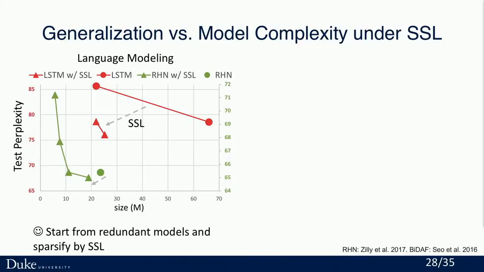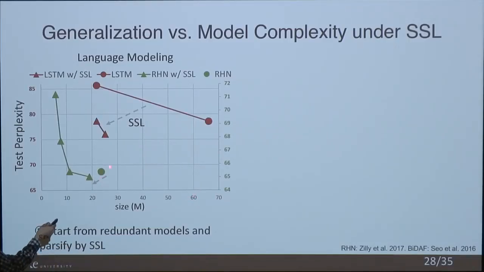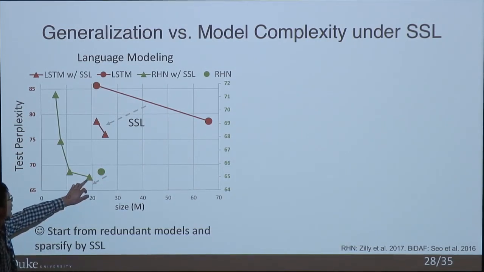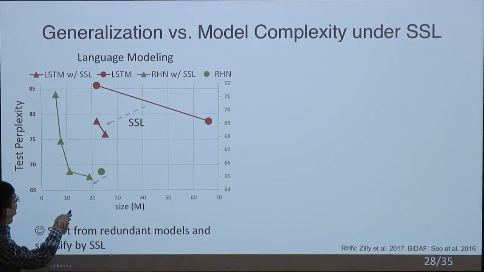So here, basically, SSL can get a better trade-off in terms of performance and the model size. We also did experiments on recurrent highway network. We start from this baseline, and then we use SSL to reduce the size, and we either reduce the perplexity, or use a smaller model, or keep the perplexity but get a much smaller model.